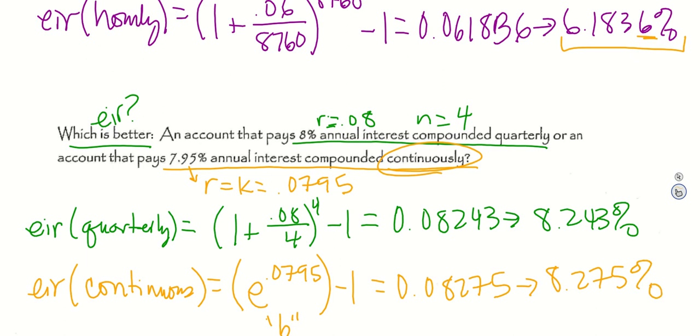So we want to know which is better, so we compare these two. And the one that's better is the one that has the larger effective rate, and the 8.275 is larger.